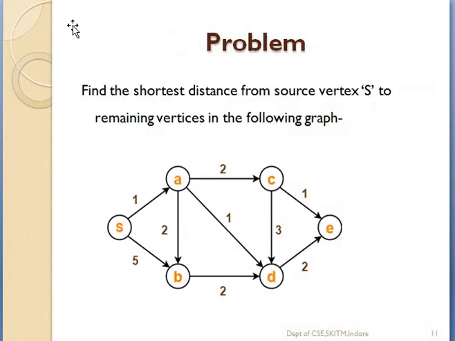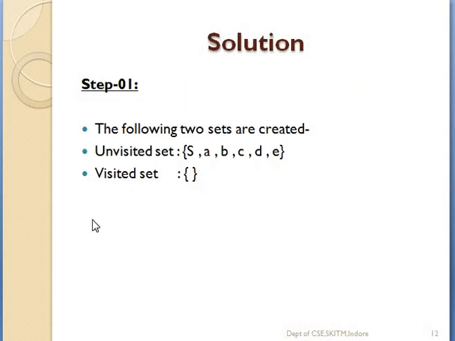So let us consider one example. In this problem, we have to find the shortest path from the source vertex to the remaining vertices in the following graph. Here we form two sets: the first is the unvisited set and the second is the visited set.